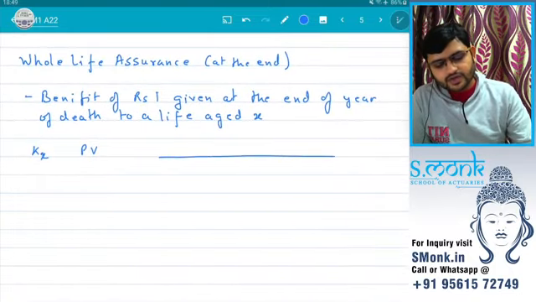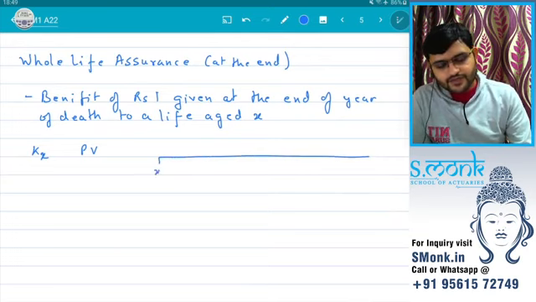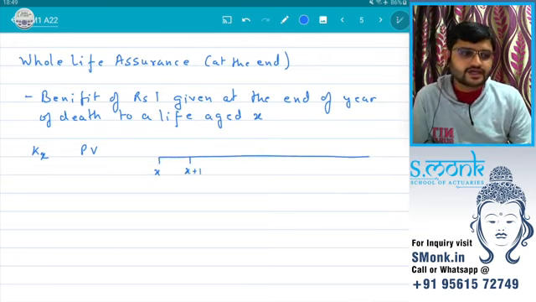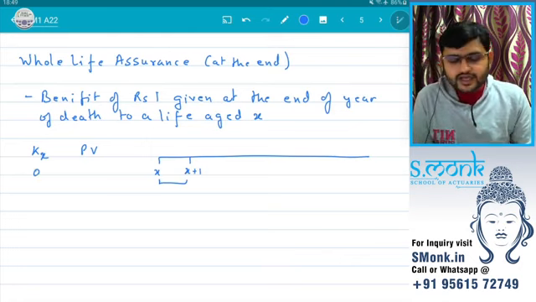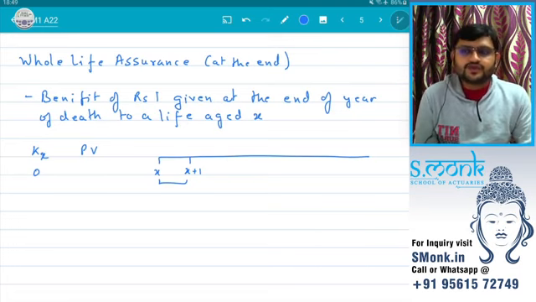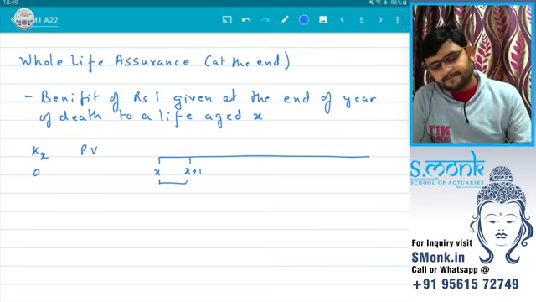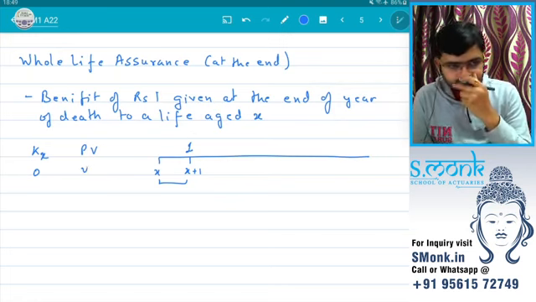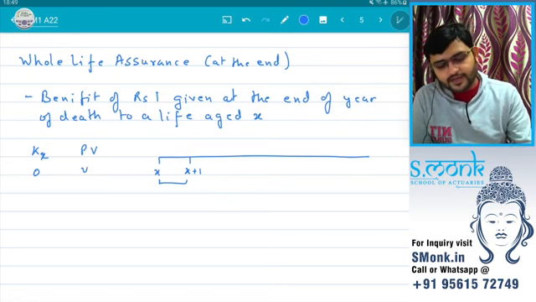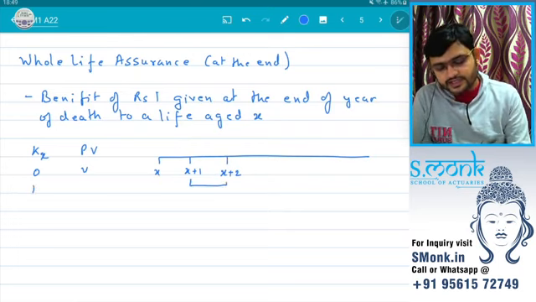Simply, if the person dies within the first year, between age X and age X plus 1, then Kx will be equal to 0, survived for 0 years. The payment would be given at the end of the year of death, and the present value will just become V. If the person dies within the second year, our Kx will be equal to 1.